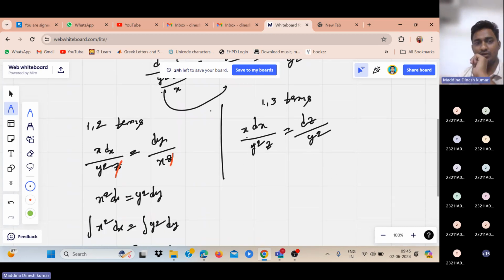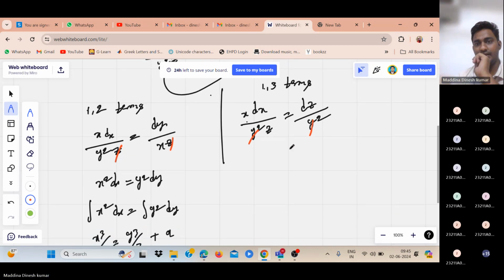Here y square will vanish out. Then I am transferring all x terms to one side and all z terms to one side, like variables separable. Then here you will get x dx equal to z dz.